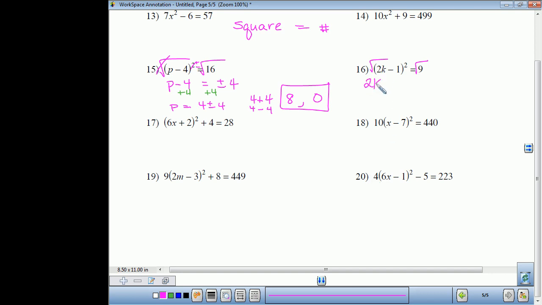Okay, so here we get 2k minus 1 equals positive or negative 3. Did everybody get that line? Alright, so then we got to move this 1 over. This one is a little bit different than the last one. Not a ton, but a little bit. So we get 2k equals 1 plus or minus 3.